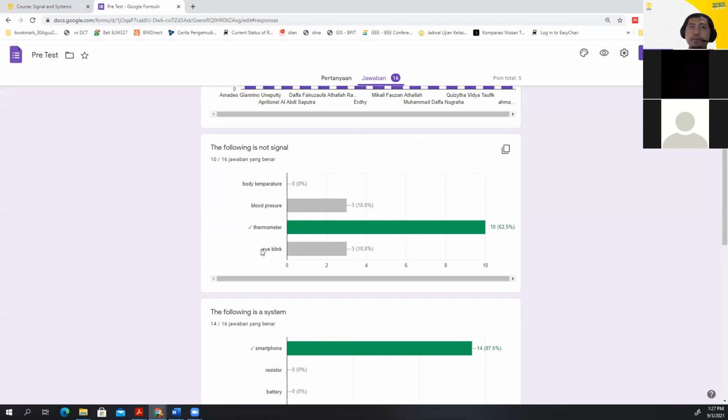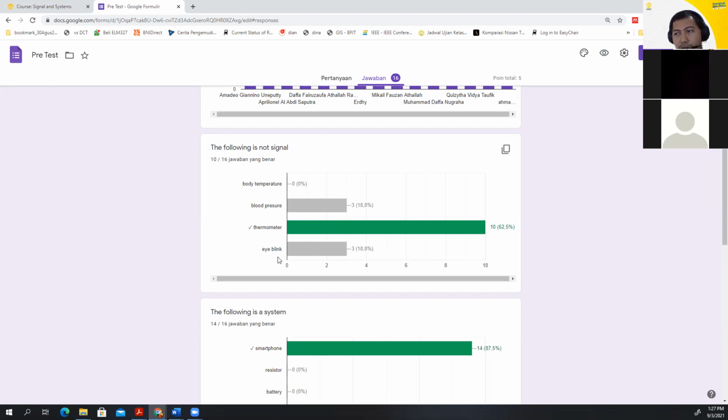Okay, the eye blink. Usually, a normal eye will blink frequently. I don't know the normal number of blinks, you can check the literature for healthy eyes.